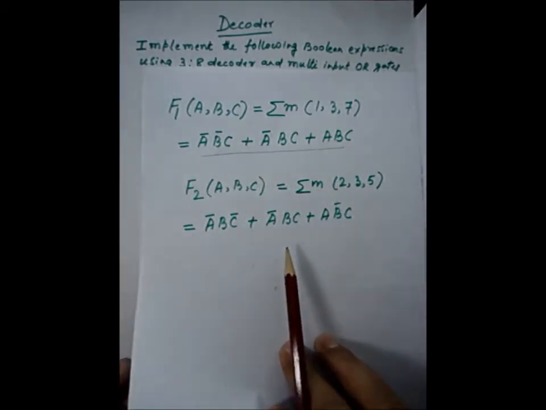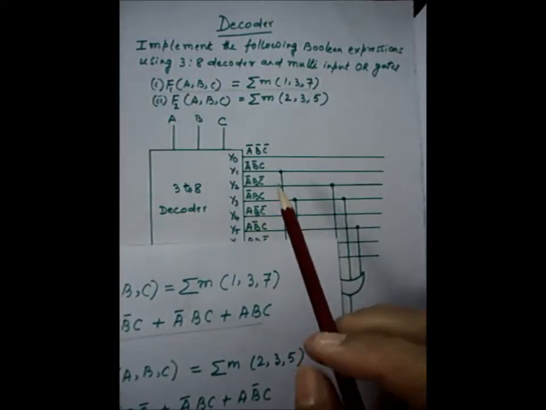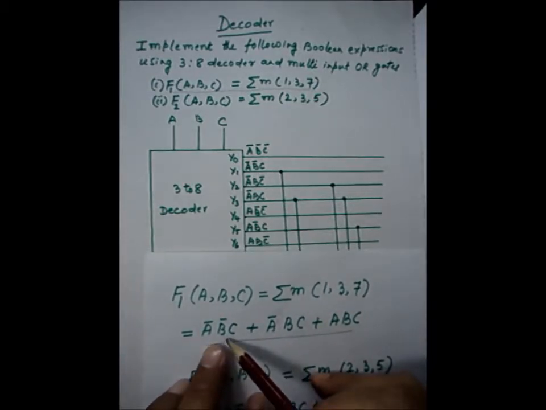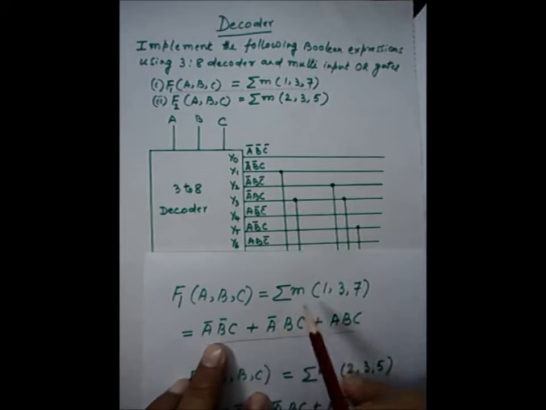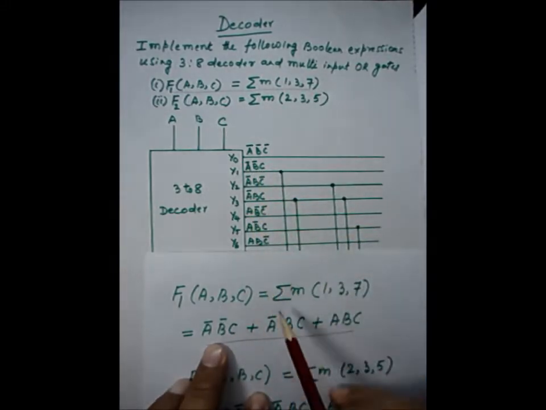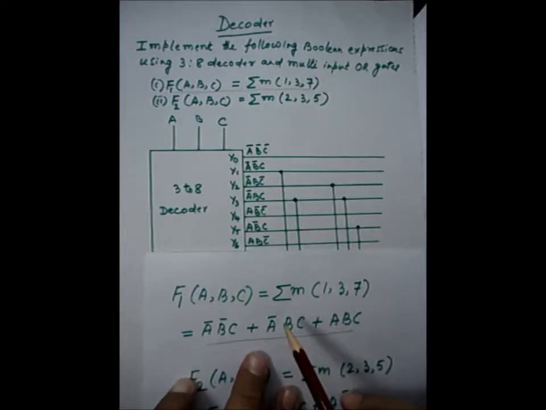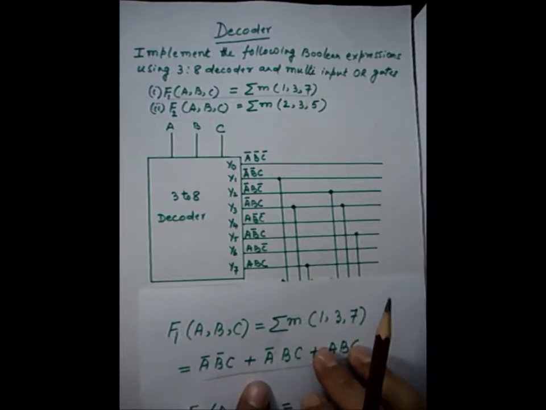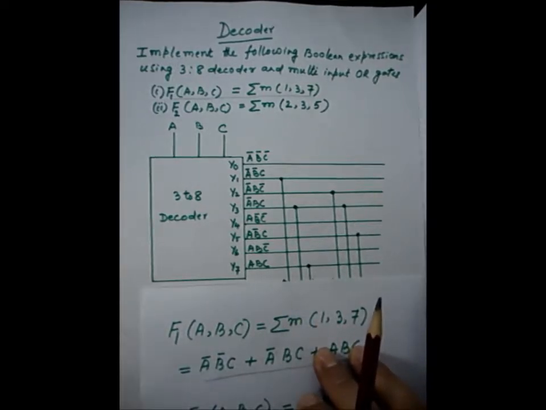Therefore, we can see these are the min terms here. This is representing M1, this is representing M3, and this is representing M7. If any one of them, that means M1, M3 or M7, is high, then the output will be high.